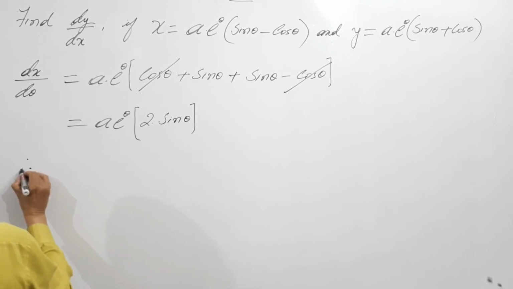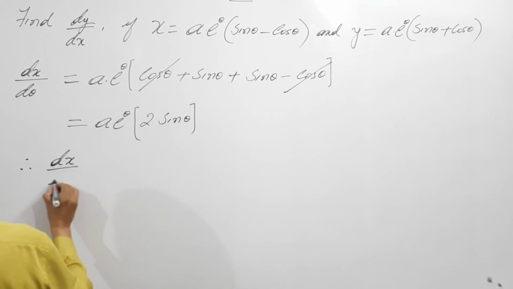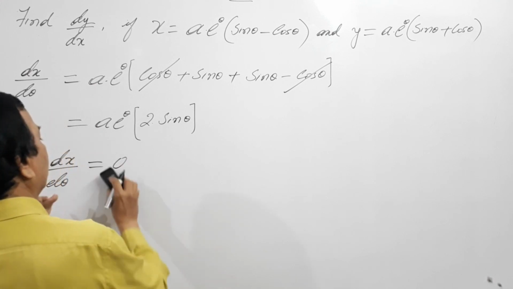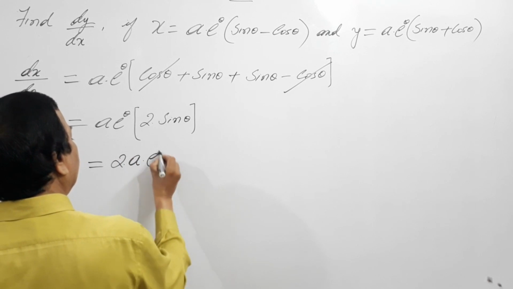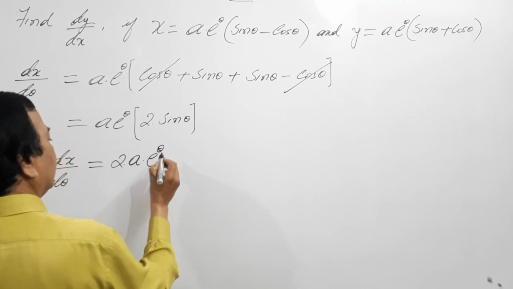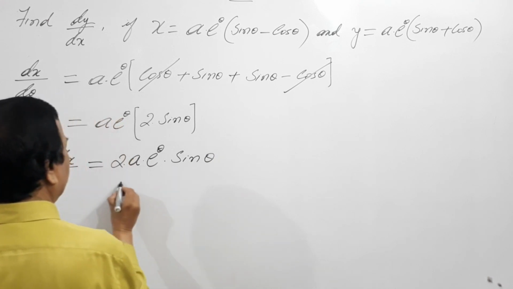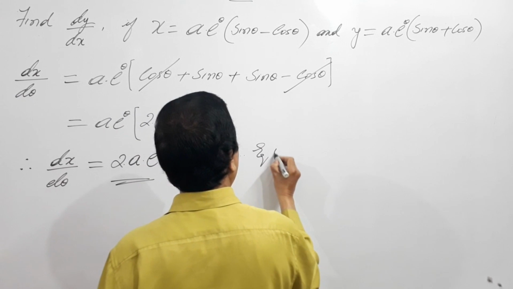Therefore, dx by d theta equals, I take this 2 outside, so this becomes 2 into a into e to the power of theta into sin theta. I call this equation 1.